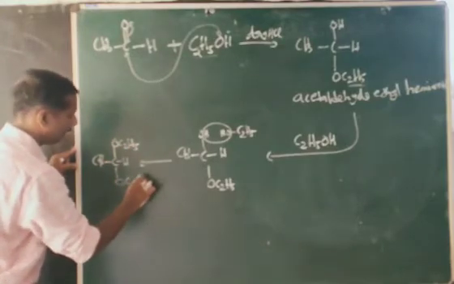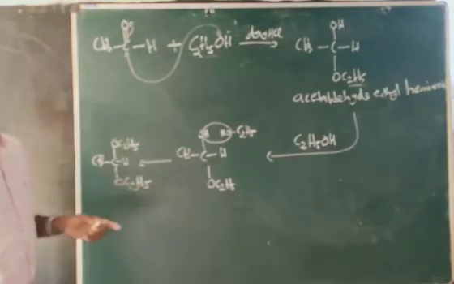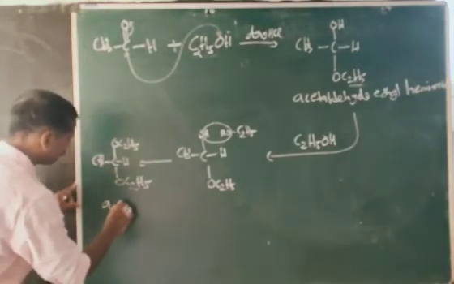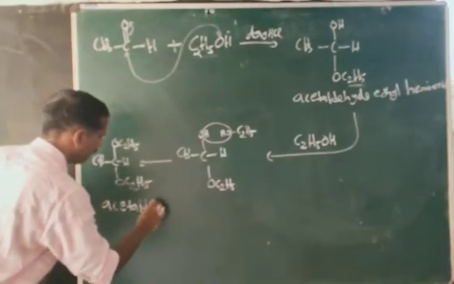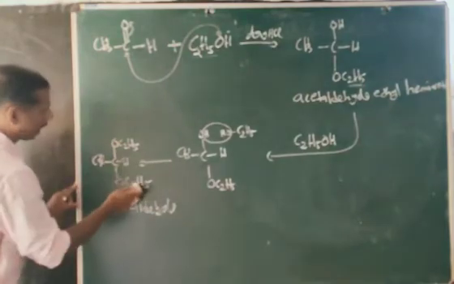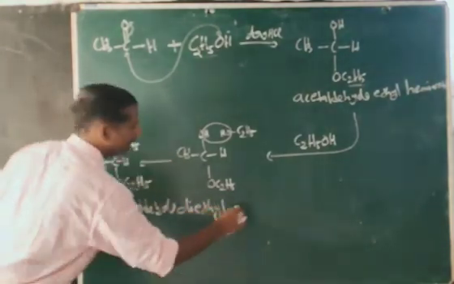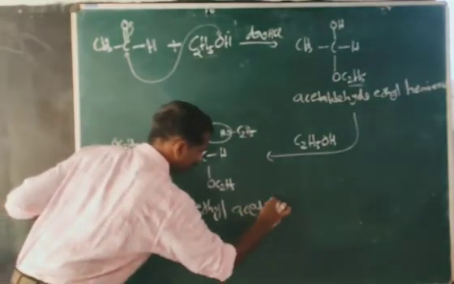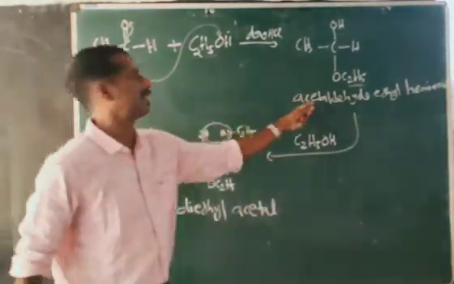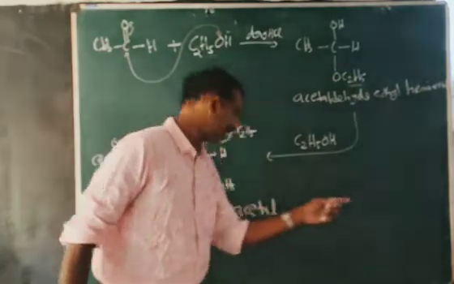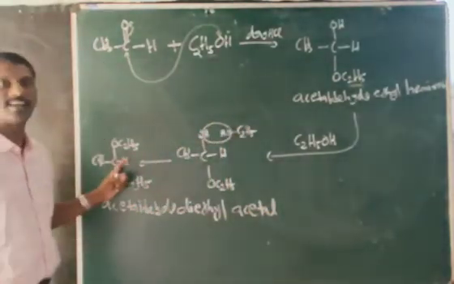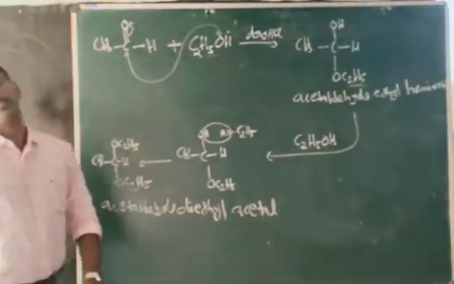What is the compound name? Acetal. There are two ethyl groups, so diethyl acetal. This is acetaldehyde ethyl hemiacetal, and this is acetaldehyde diethyl acetal.